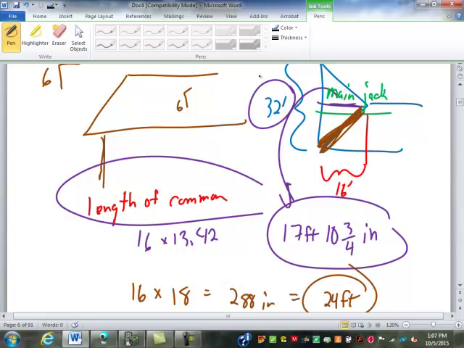And what that tells us is, as we go from this longest jack or the common rafter down, the next one is going to be a certain length shorter. That amount is the same from one to the next, no matter which one we're at. So if the rafters are spaced 16 inches apart, that third row is telling us it's 17 and 7/8 inches difference.